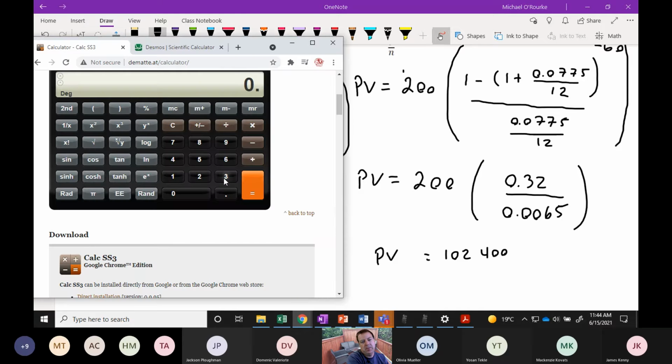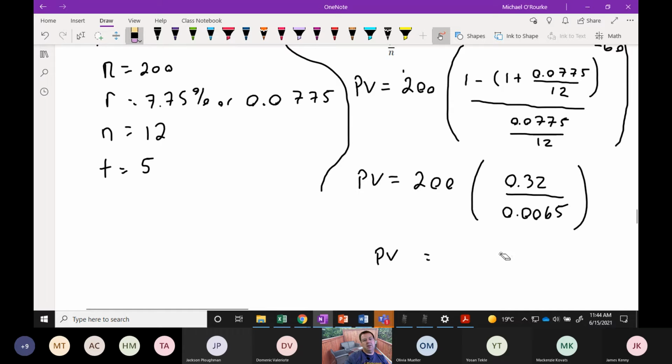Then I go 0.32 divided by 0.0065 times 200. 9,846.15, 9,846.16. So we're right around the same. All right, so I messed up on a decimal place there.